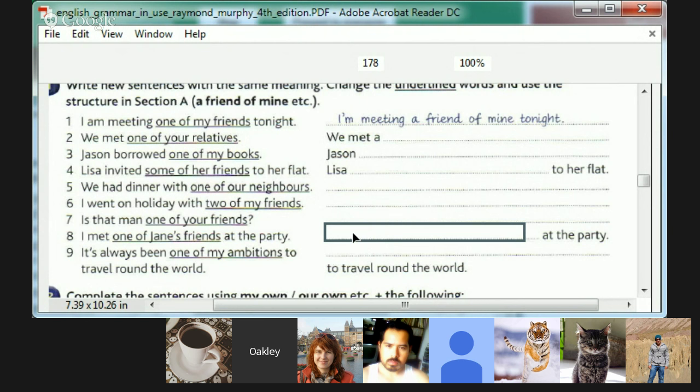Okay. So, like this. I met one. Okay. When we convert it, we don't need to use one. We can just use a. Okay, instead of using one, let's use a. I met a. I met a friend.